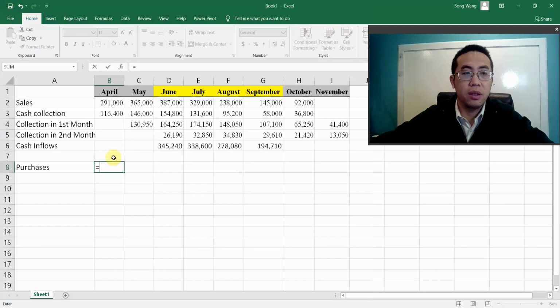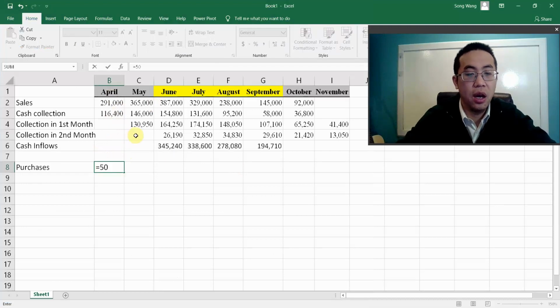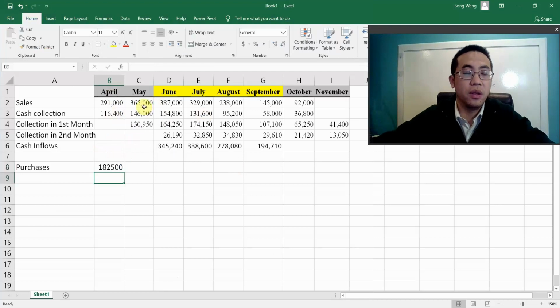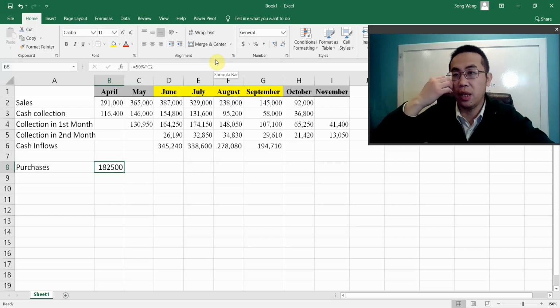If you are talking about the purchase in April, it is based on 50% of the sales in May. So if you are going to sell $35,000 worth of hamburgers, you need to buy $182,500 worth of inventory, like the raw meat, cheese, lettuce, and bread, and so on.